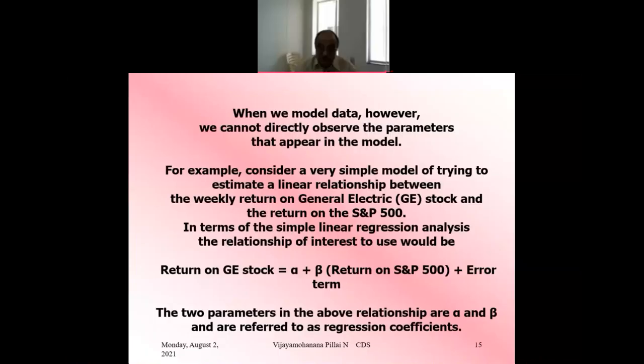In terms of simple linear regression analysis, we can write this relationship as follows: return on GE stock is equal to alpha plus beta times the return on S&P 500 plus an error term. Here we have two parameters in this simple linear regression, alpha and beta, and they are referred to as regression coefficients.